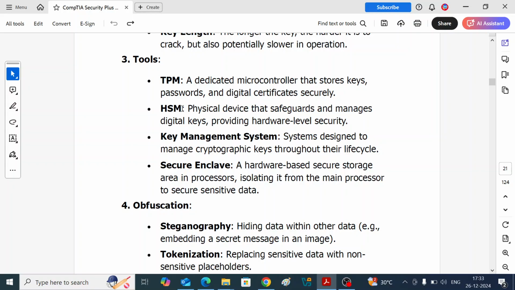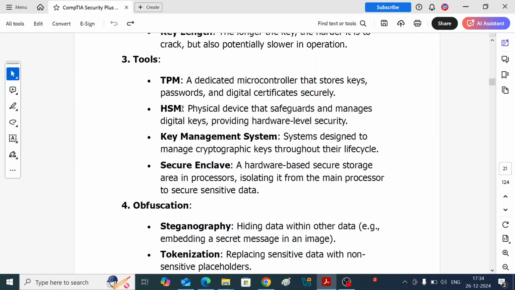HSMs perform cryptographic operations like encryption, decryption, digital signing and key generation within a tamper resistant hardware device.